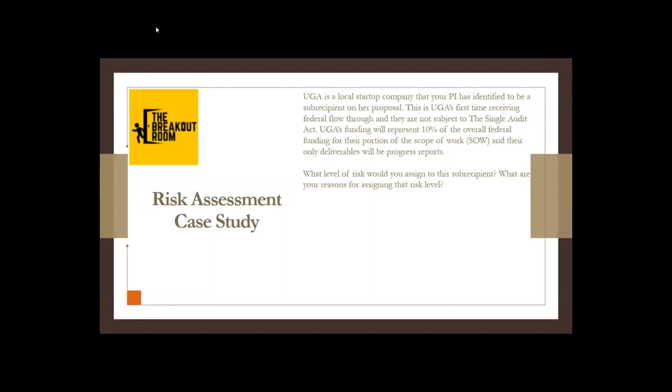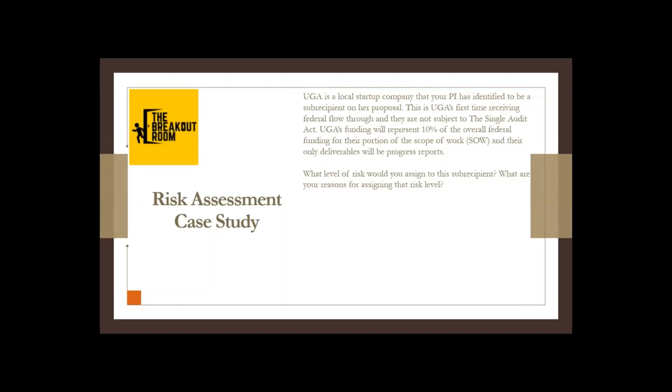We got several responses. Heather says it would be higher risk because it is a startup company, and it is their first time receiving federal flow-through funds. Another comment: low to medium risk, because we would require the last audit paperwork in lieu of the Single Audit Act.